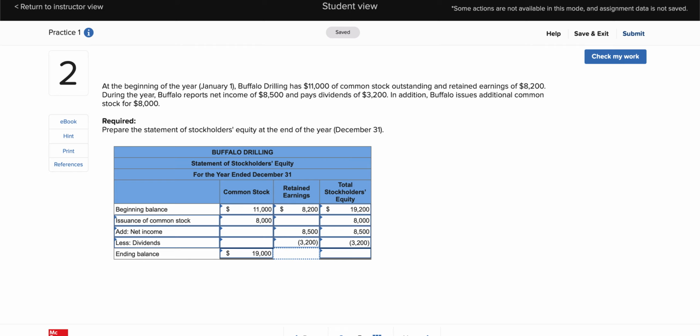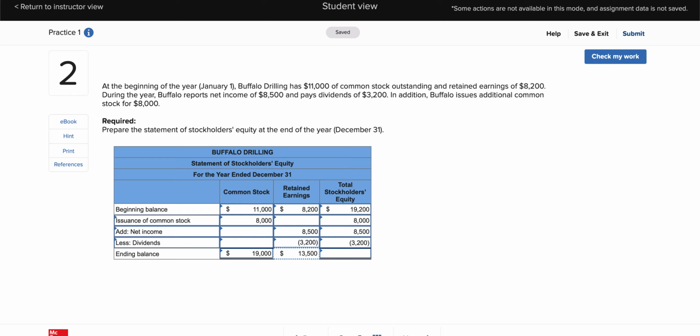And we have 82 plus 85 minus 32. We have 13,500 here. Let me make sure I did that right. I'm trunking numbers. $13,500.